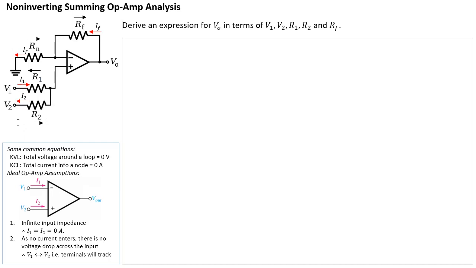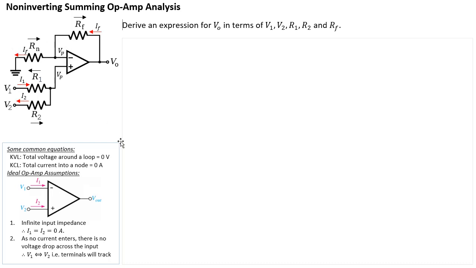Now, I'm going to label these nodes as well. If I call this node VP, P for plus, so this entire node is labeled VP, then by the second assumption, the upper node is also VP. So we have a VP on this side, and we also have a VP on the inverting node.